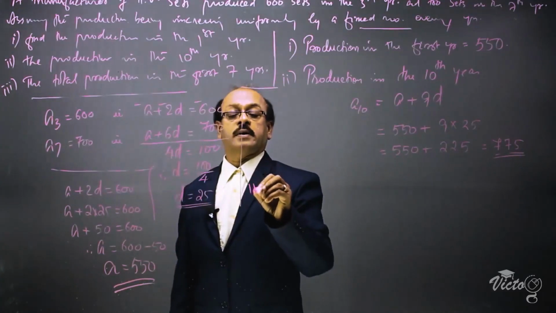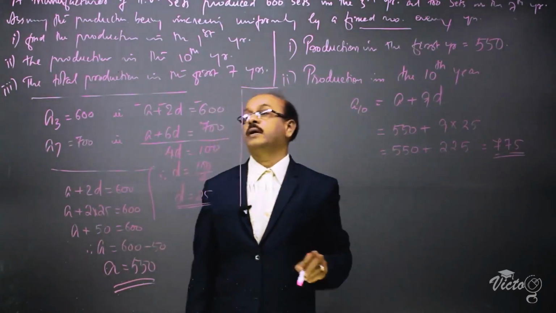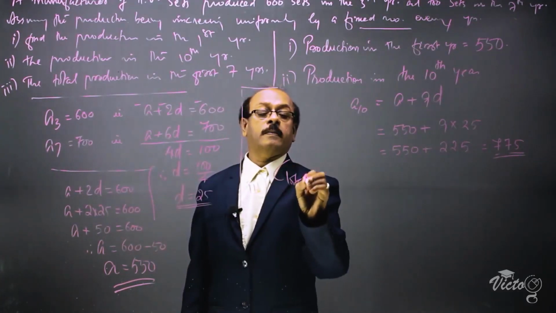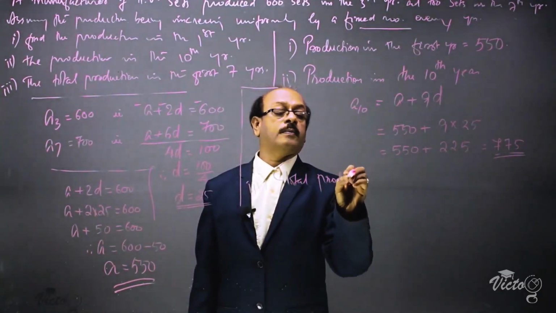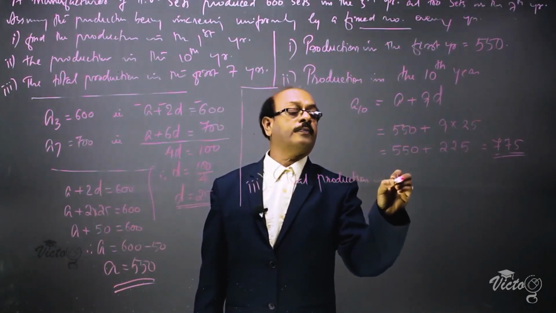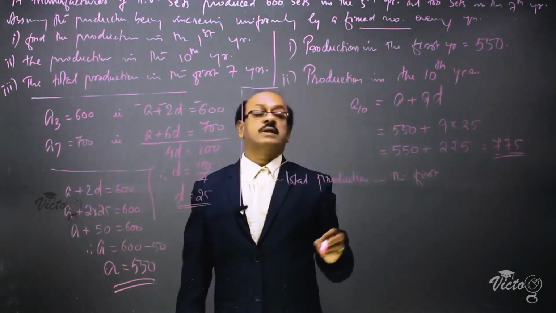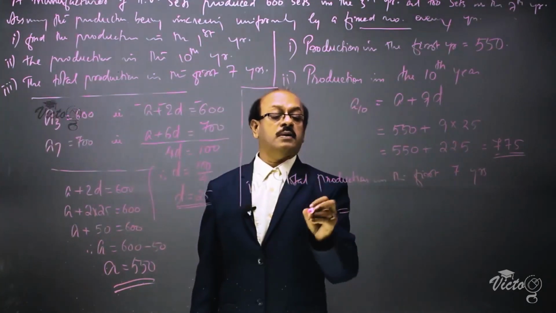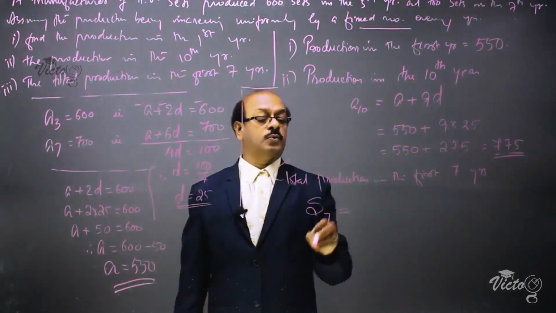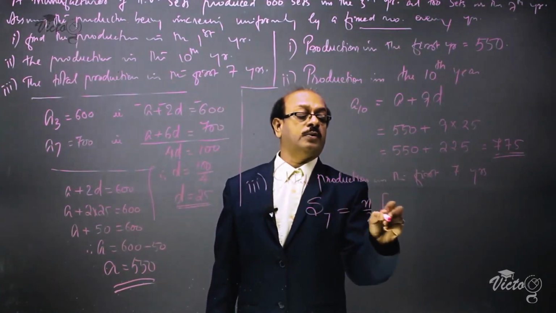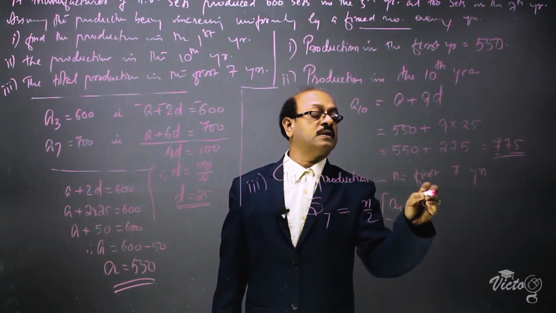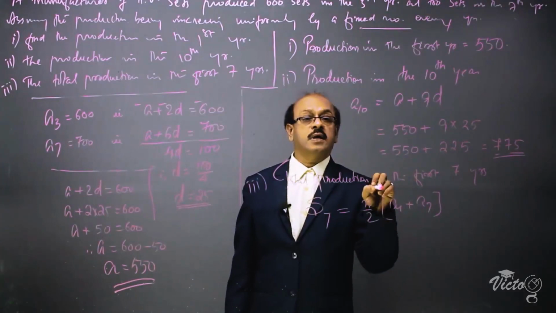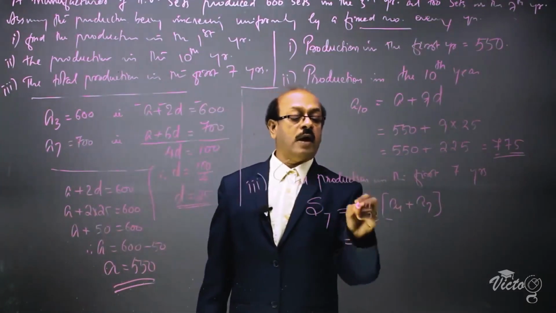Now, the third part is to find the total production in the first 7 years. Here we can use the formula S7 is equal to n by 2 into A1 plus A7. An means the last term, the production in the 7th year. The value of n is 7.